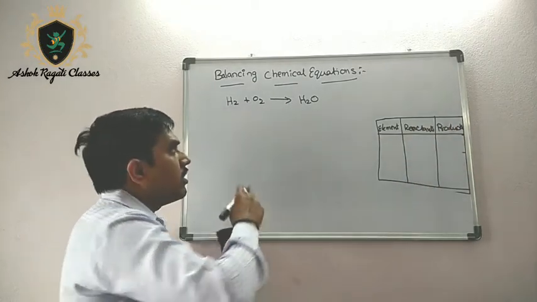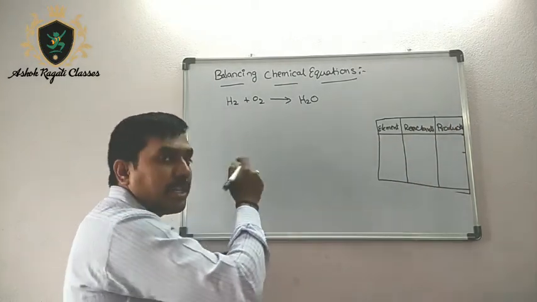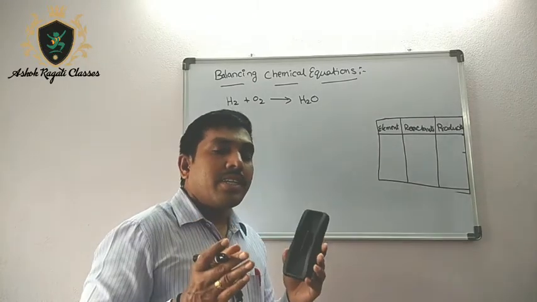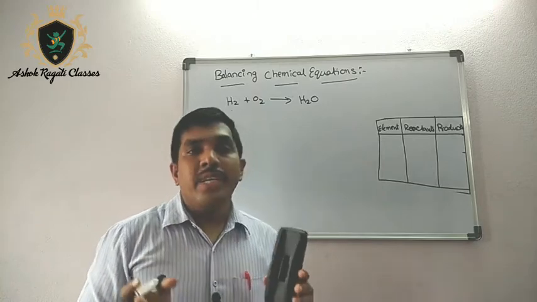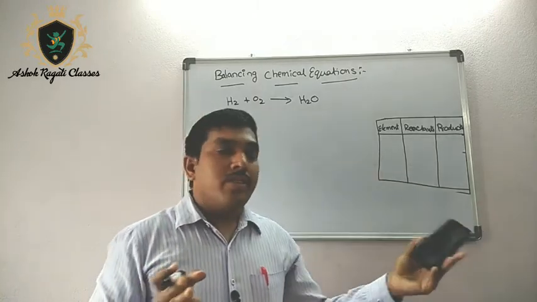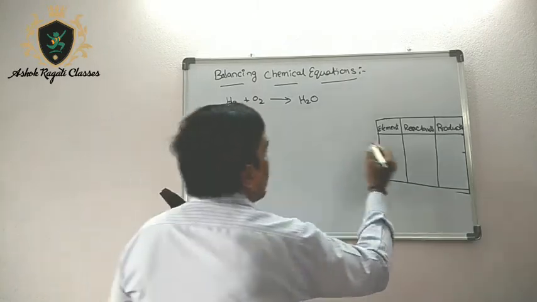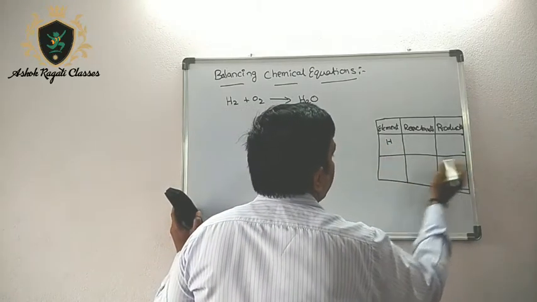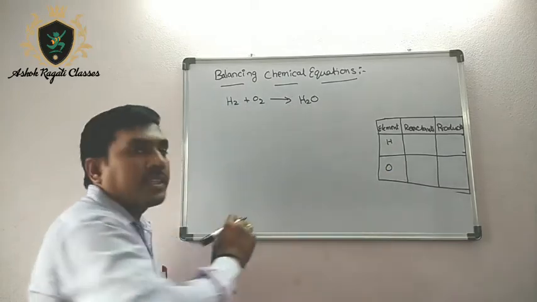See what elements are participating in the chemical reaction. Whatever elements are on the reactant side, the same will come on the product side. So note down the elements first: hydrogen and oxygen.